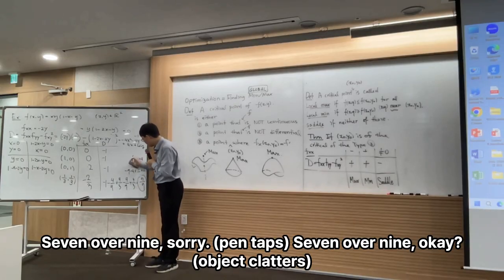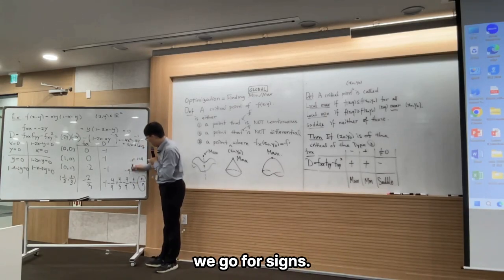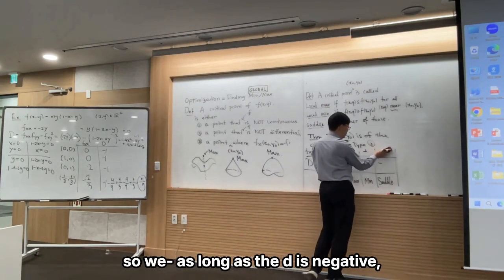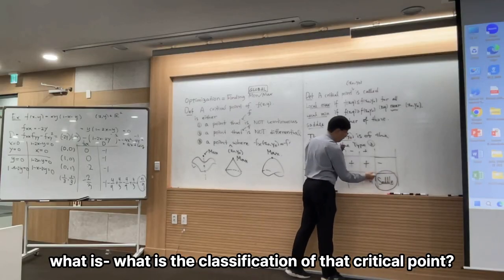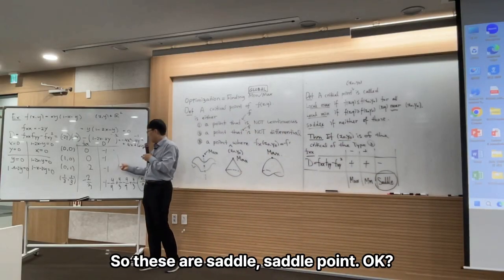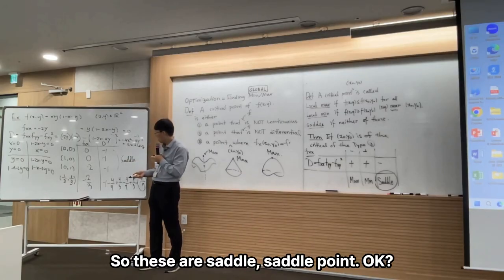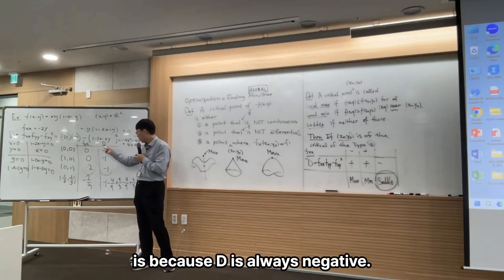Okay? So we don't go for the value, we go for signs. As long as D is negative, what is the classification of that critical point? So these are saddle points. Doesn't matter what value fxx is, because D is always negative.